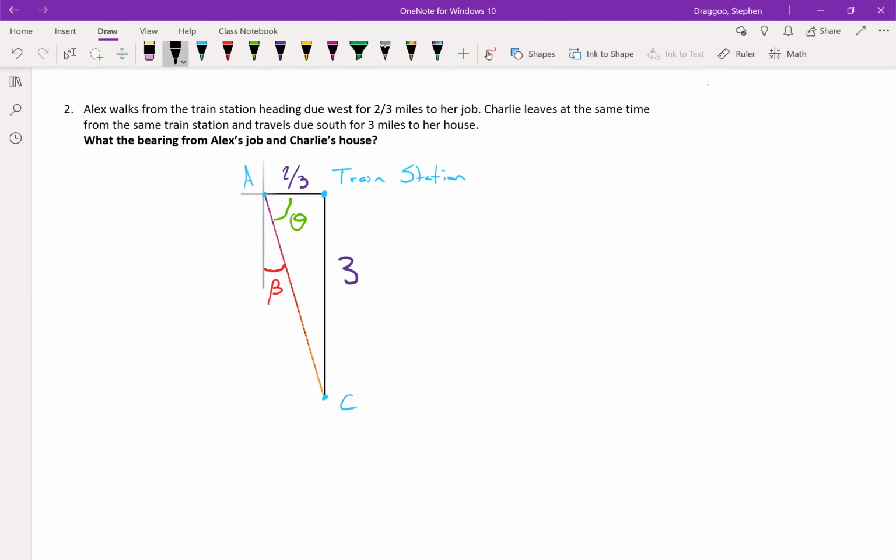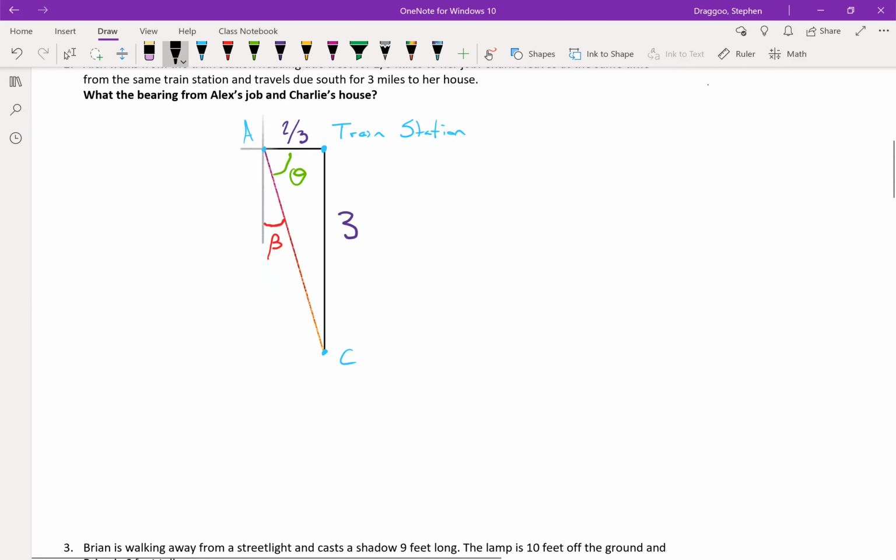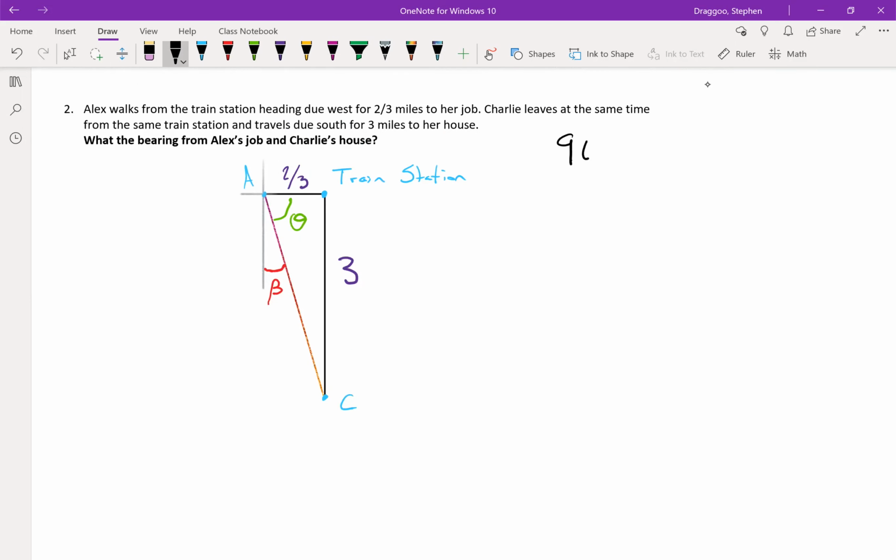So because those two angles are complementary to each other, if I put them together, I should get 90 degrees. I can have the equation 90 degrees is equal to theta plus beta, meaning that if I want to solve for my angle beta, I just need to get theta first.